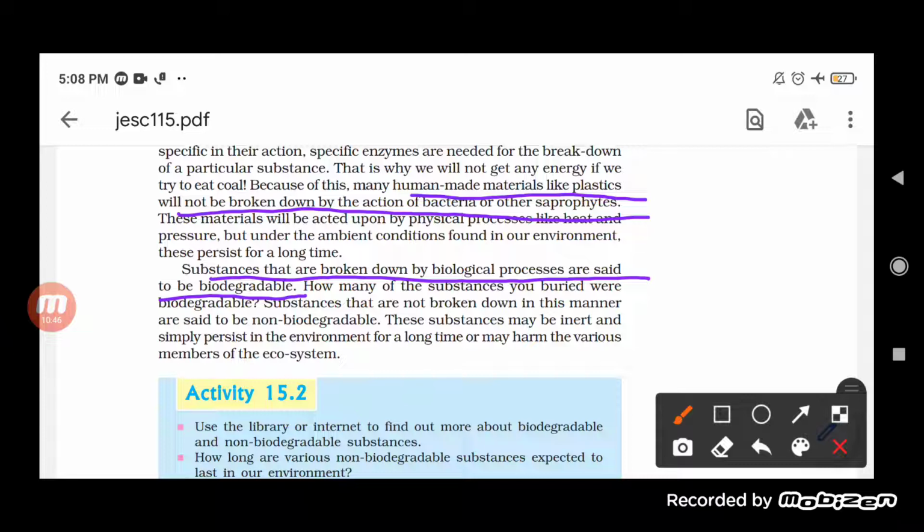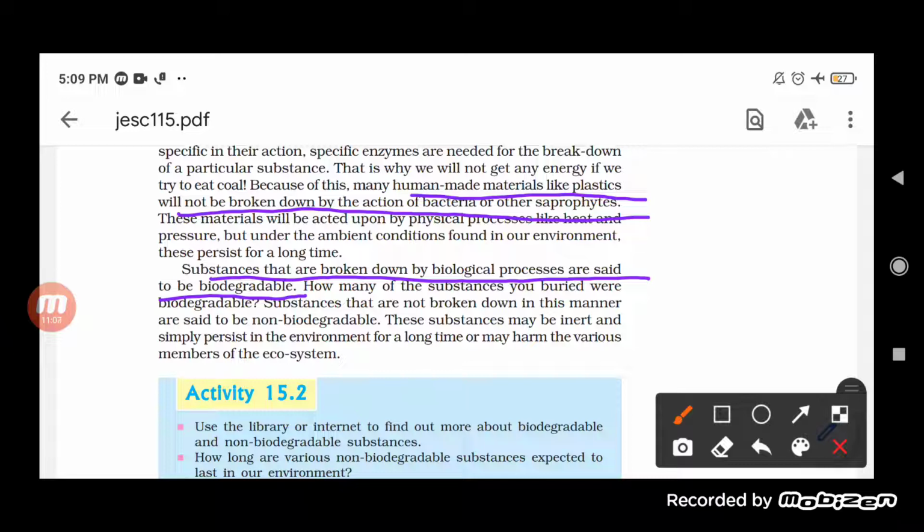Okay, there are substances which cannot be broken down, and such substances are called non-biodegradable. These substances may be inert and simply persist in the environment for a long time, or may harm various members of the ecosystem.